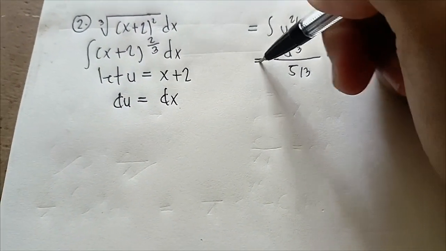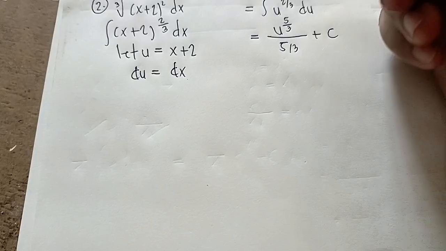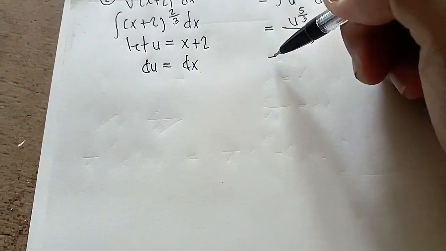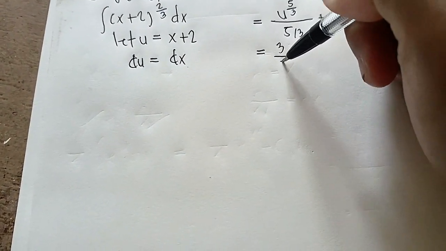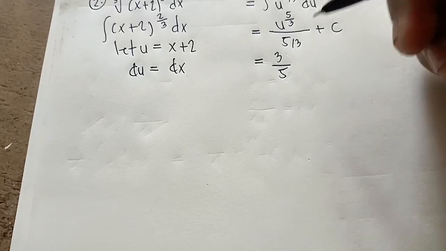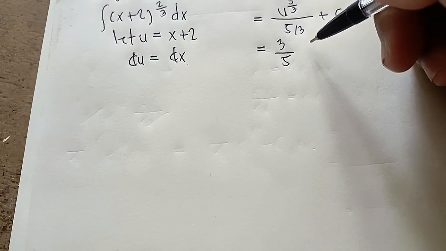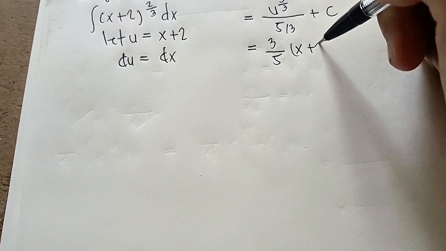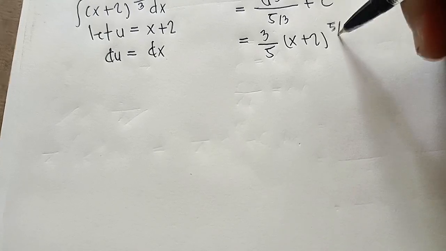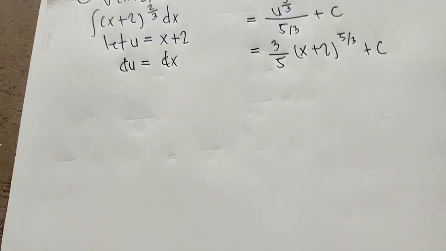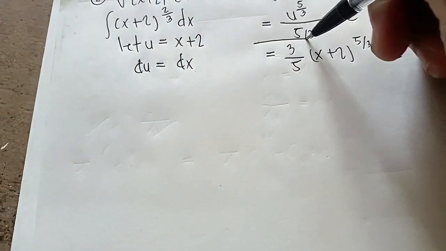I'm going to put the reciprocal of 5/3, which is 3/5. Then our u, which is x + 2, to the power of 5/3 plus c. Then there's our final answer.